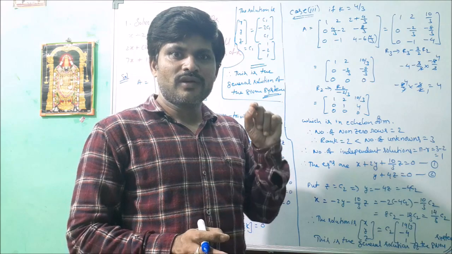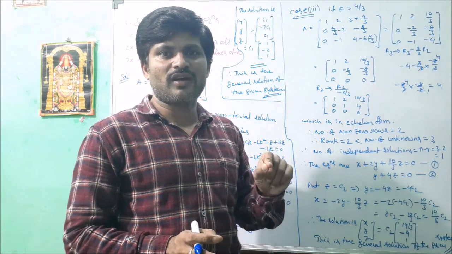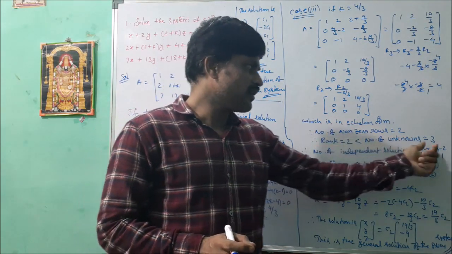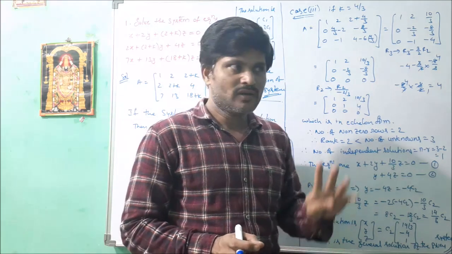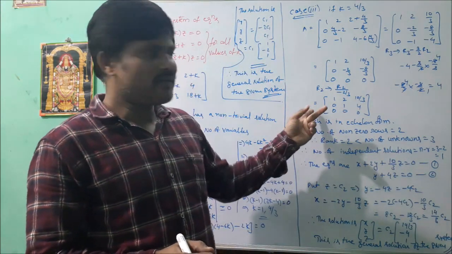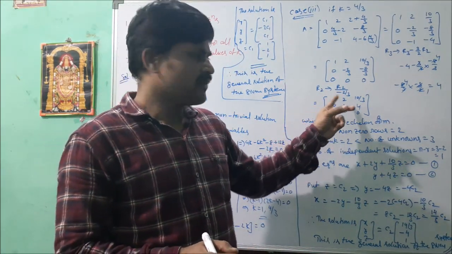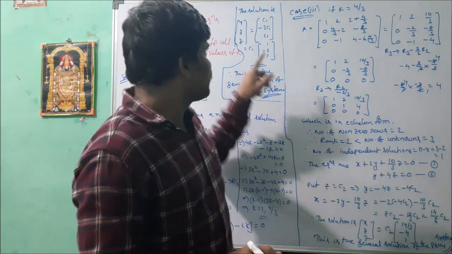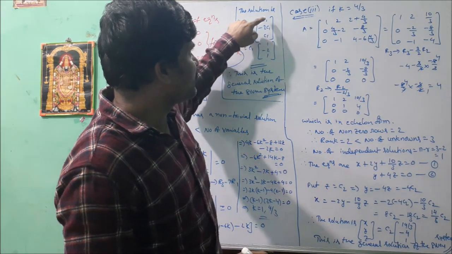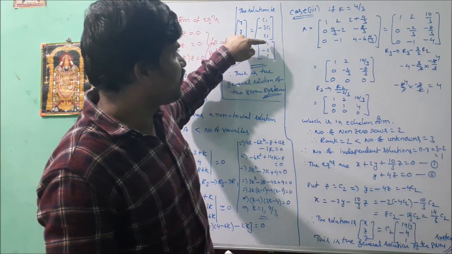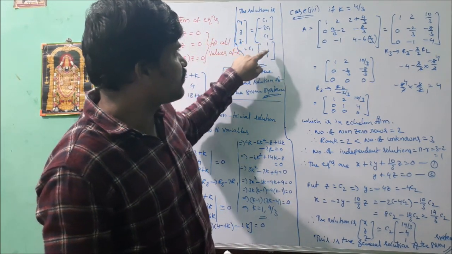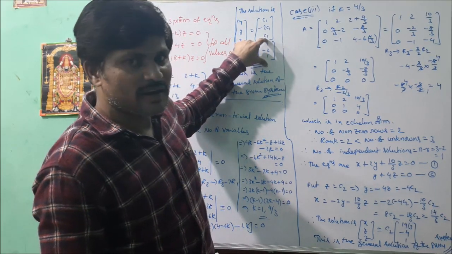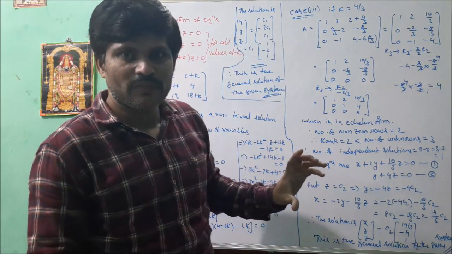Therefore, the number of independent solutions equals to n minus r, that means 3 minus 2 equals to 1. Now, solving the given equations in echelon form, then find the solution. That solution is xyz equals to c1 minus 2c1 c1, that is equals to c1 into 1 minus 2 1. Now this is one linear independent solution in case 2.